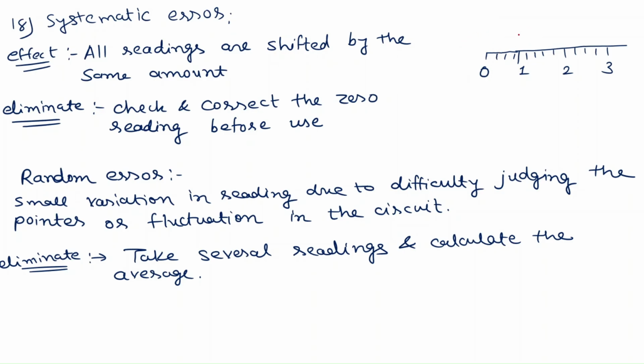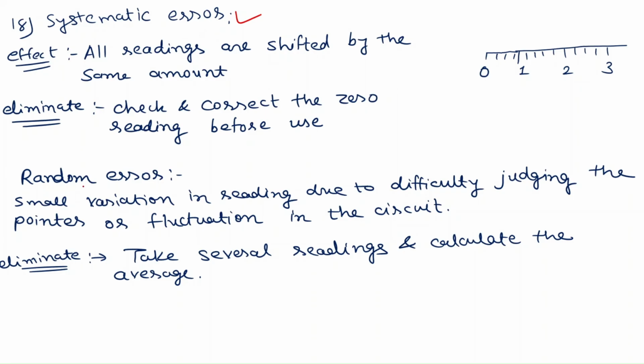But if there is some kind of discrepancy, like at one or somewhere else, you have to just note it down, and then after doing the experiment, you have to subtract it from what you get in the result. Okay, that's how you eliminate this kind of error.